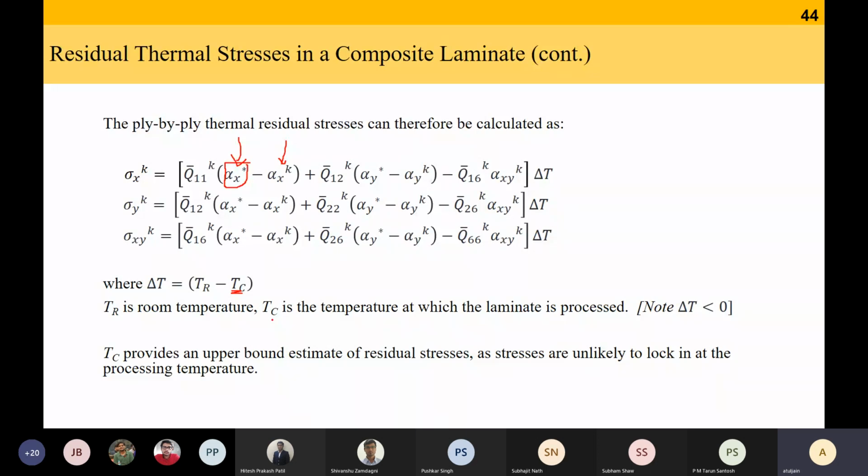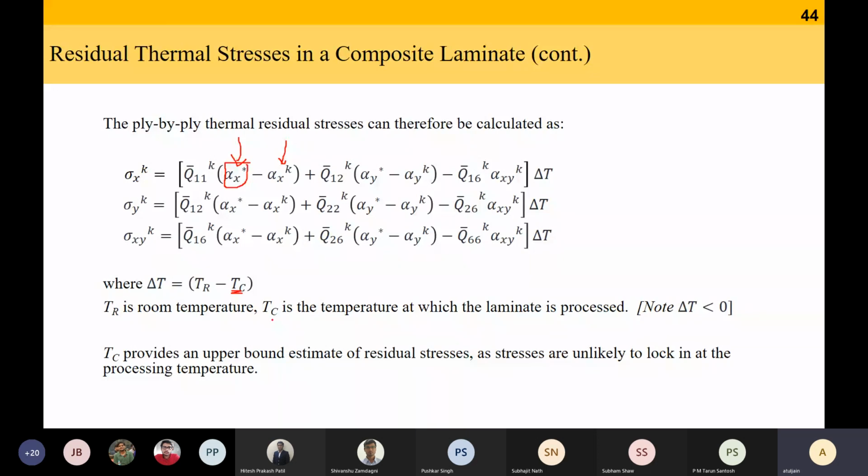Remember in our first lecture about manufacturing, we learned about the cure cycle. At first you increase your temperature so that your matrix is melting, then you increase the temperature so that the viscosity is lower, and then you keep it at that temperature so that all the fibers get wetted, etc. So we are looking at that temperature where the viscosity of the matrix was lower, that very high temperature where we had to keep.